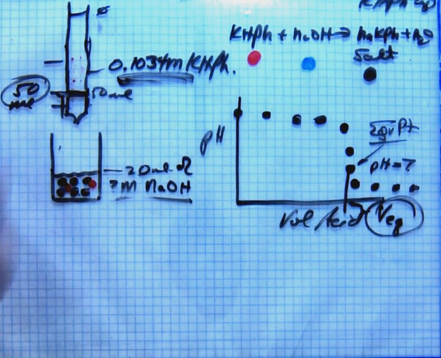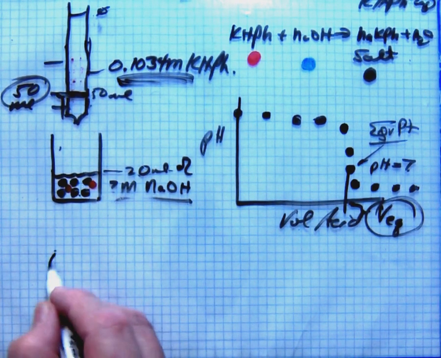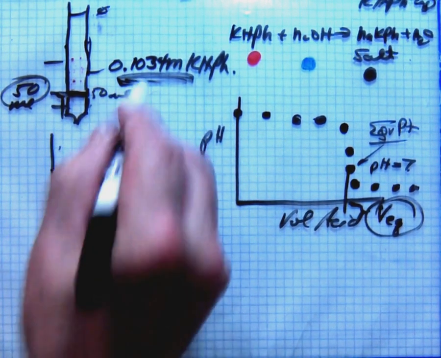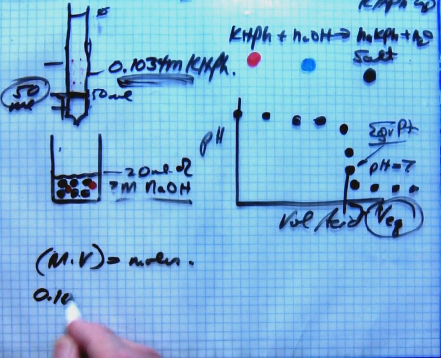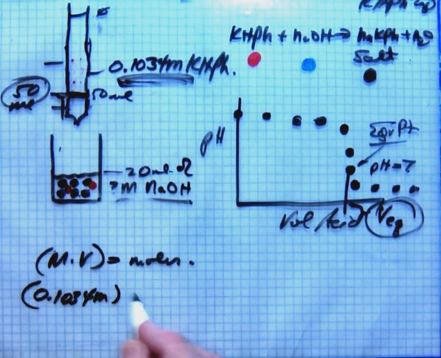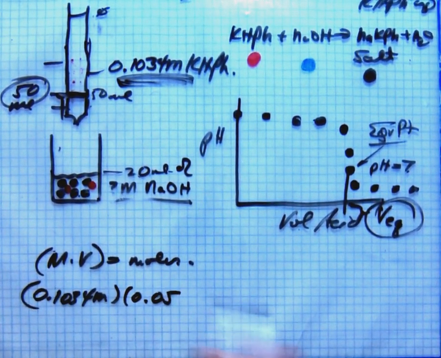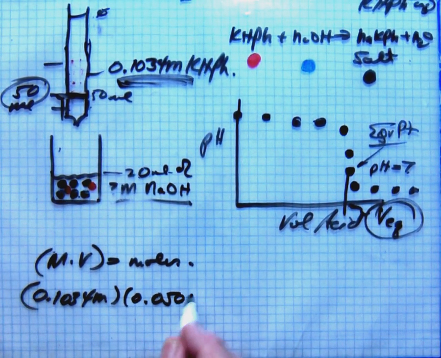You know how much acid you used. What's the mole? How many moles of acid did you put in the thing? Well, molarity times volume equals moles. Molarity is 0.1034 molar times 0.05. I changed milliliters to liters. 0.050 liters.